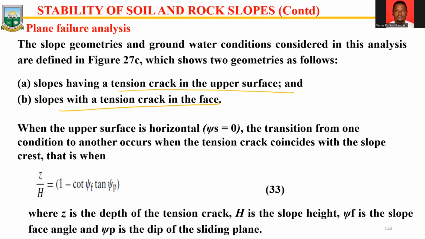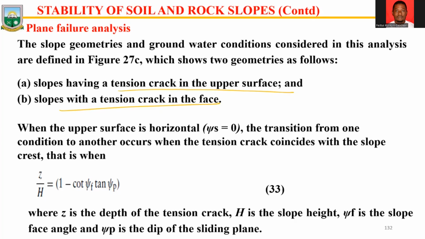And then when the upper surface is horizontal, you have your phi s being 0, and the transition from one condition to another occurs when the tension crack coincides with the slope crest. So I have this as my slope.